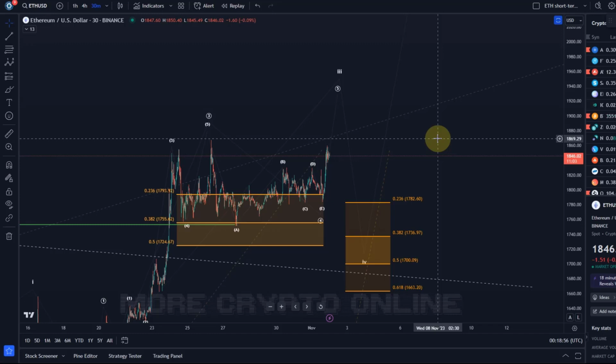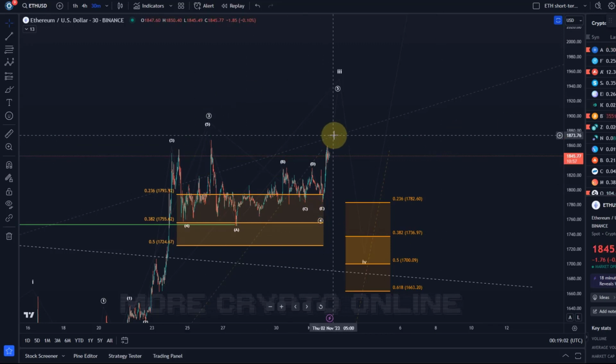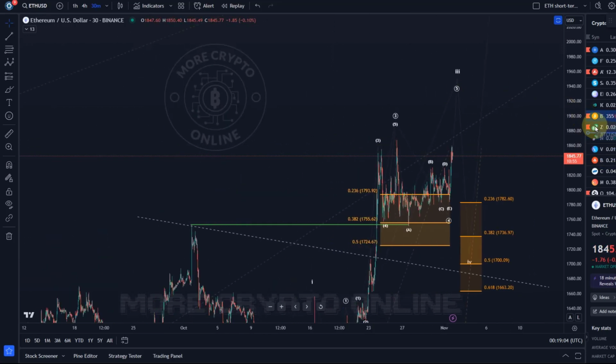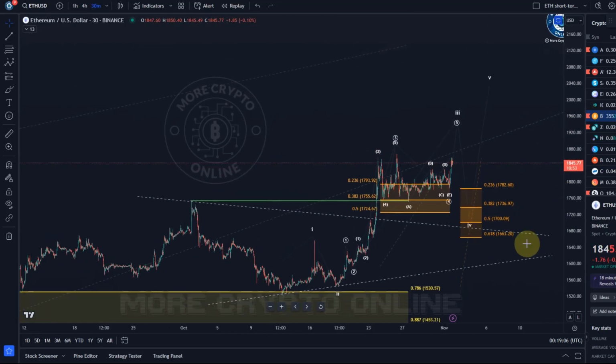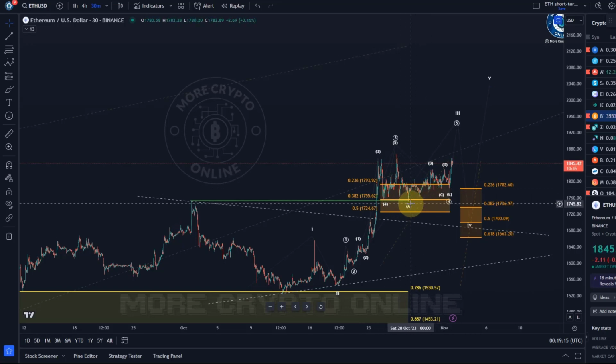So that's why it's not so important here to watch the primary count within a correction. What is much more important is the bigger picture, and from there we get the relevant support areas, and they have guided us so well over the last few days. Can you see that? Really helpful. So support remains at 1755 and then 1725.